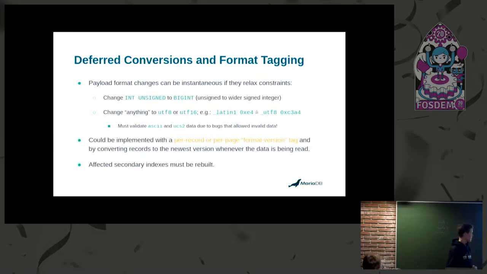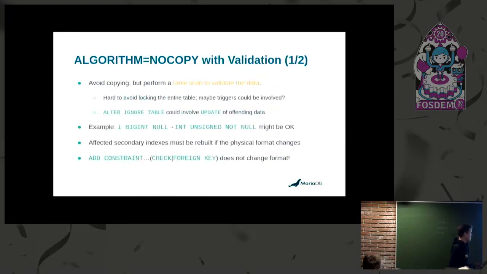Like if you are changing a signed integer to unsigned, or to a smaller range, it might be okay if all the rows are fine, but we will have to validate the table contents. So we could do this by some format tagging.